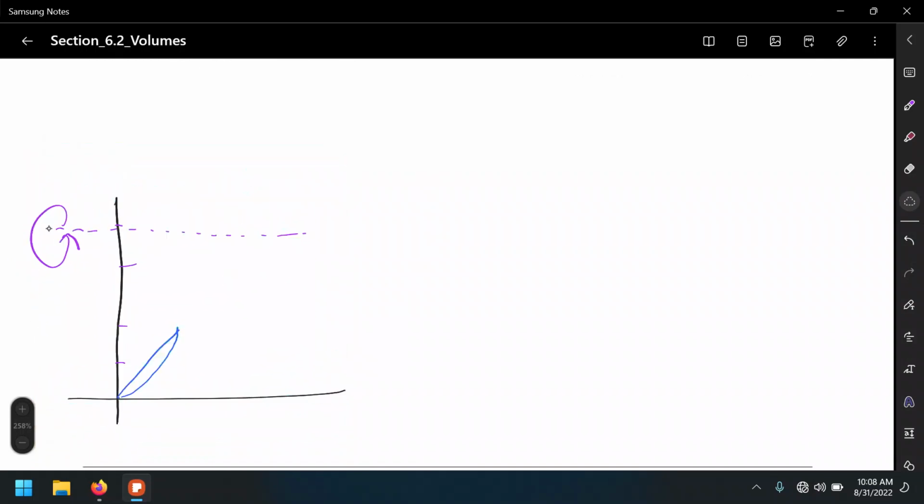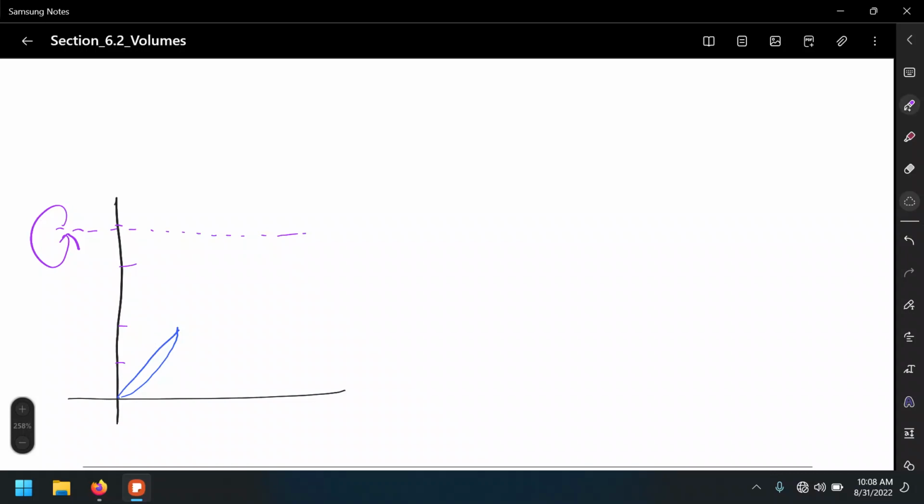So if we think of this axis of revolution as a mirror, how many units away is our region of rotation from the axis of revolution? Isn't that 1 and 2 units?